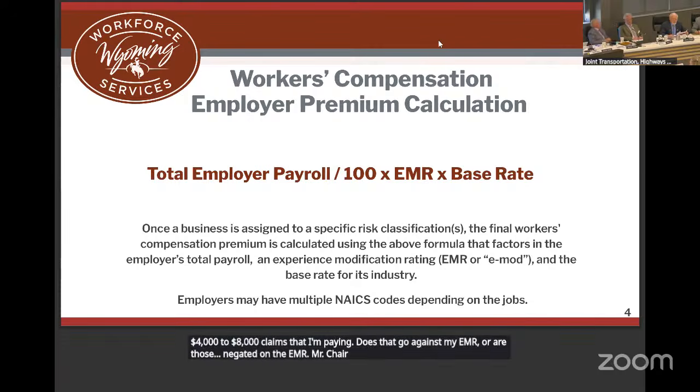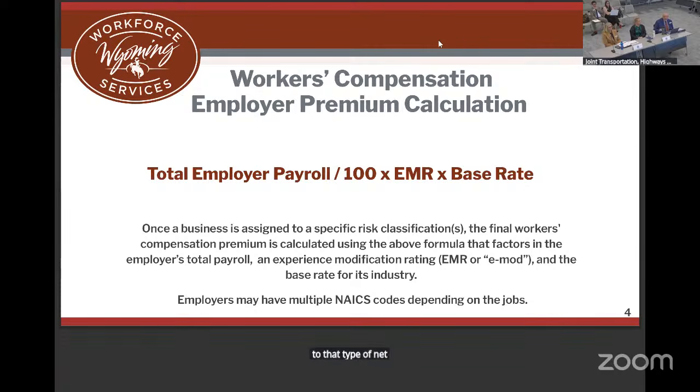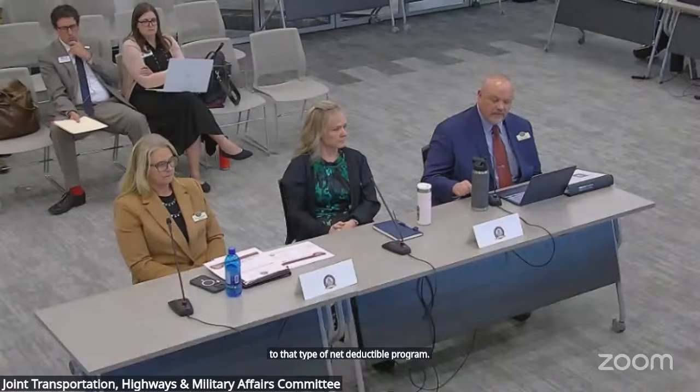Mr. Chairman, Senator Anderson, currently, yes, they would go towards your EMR if you were enrolled in our current deductible program as it's outlined in statute. If we moved to that type of net deductible program, then those amounts that you pay per claim would be shielded, so to speak, from your EMR calculation. That money that you paid into us to cover that claim wouldn't affect your experience.